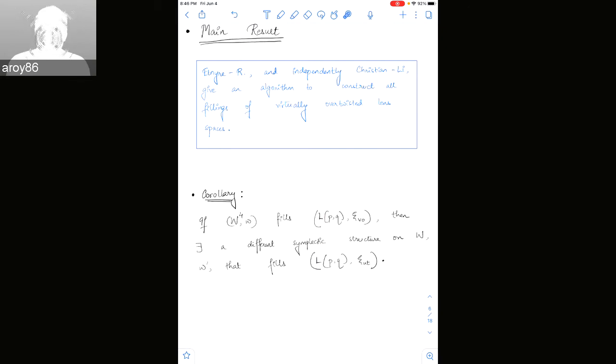So in some sense, if you have a list of all the four-manifolds such that certain symplectic structures on them fill the universally tight structure, then you don't get anything new when you look at the virtually over-twisted ones. You might not get all of them for the virtually over-twisted ones, but you certainly won't get anything new. So that's an interesting outcome of this project.